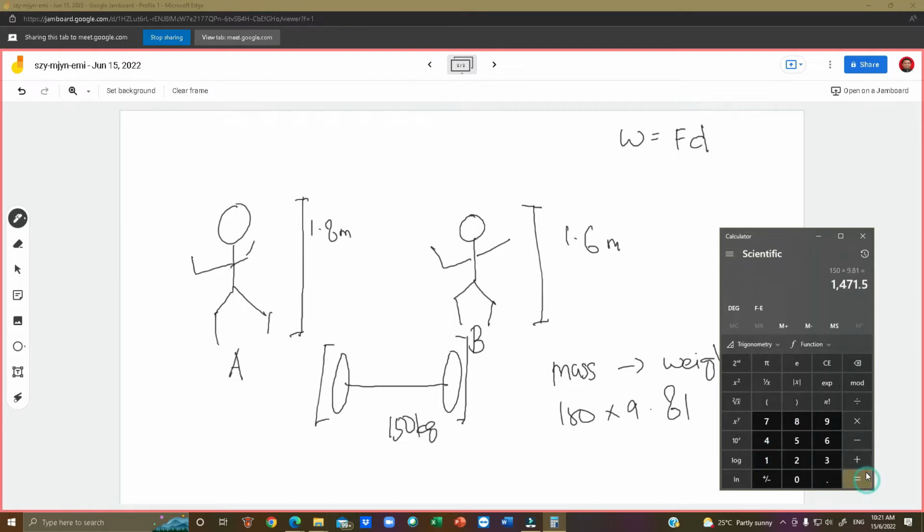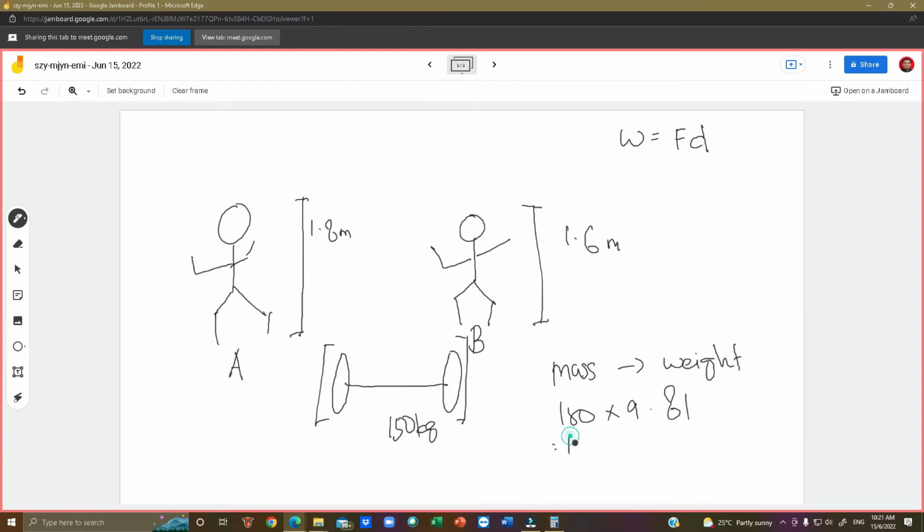We have 1471.5 Newton. So these are the amount of force needed in order to lift up the barbell. Kita dah ada F equals to 1471.5 Newton. Now please calculate the work need to be done by A and the work need to be done by B.